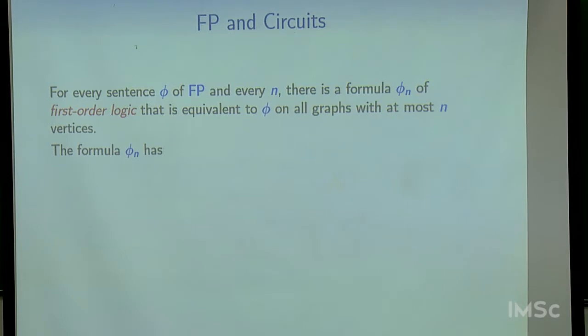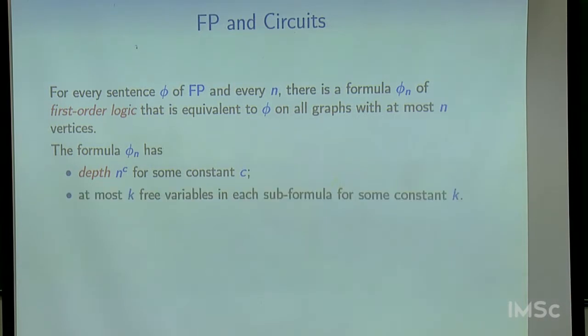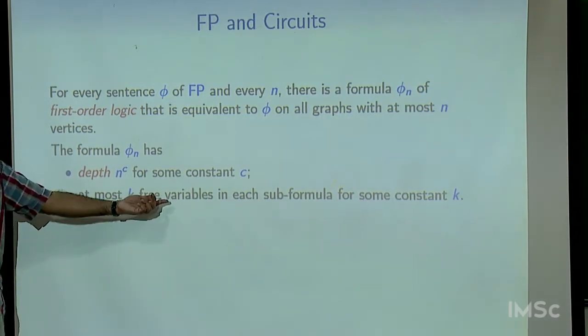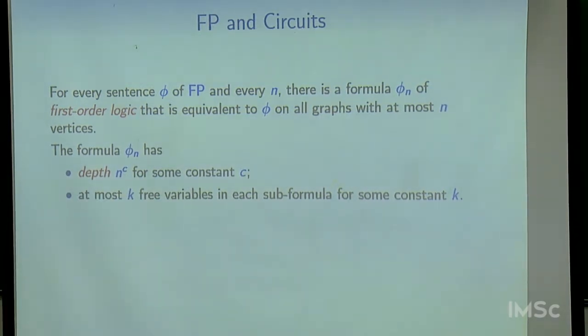So we get a first order formula phi n, which is equivalent to phi on all graphs with at most n vertices. Bounding the number basically means bounds the depth of your induction. You can unfold it into a first order formula. So the depth becomes now a polynomial in n, but we can still bound the number of free variables that occur in each subformula by a constant k.